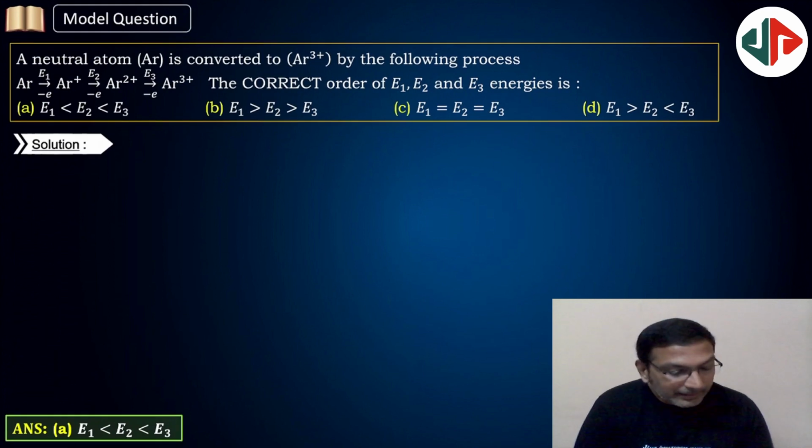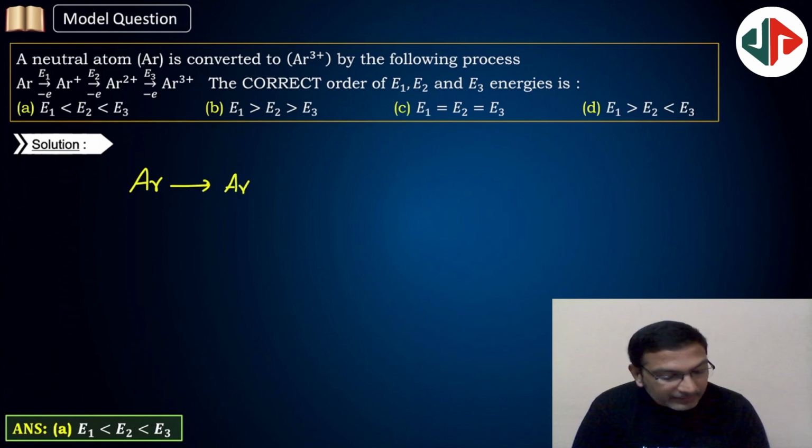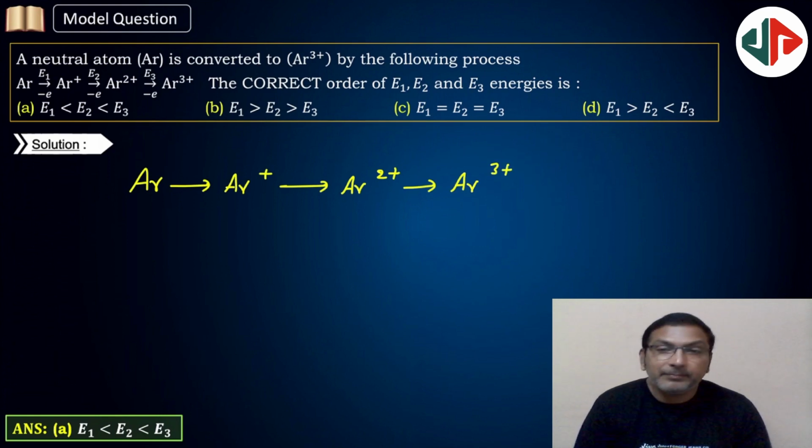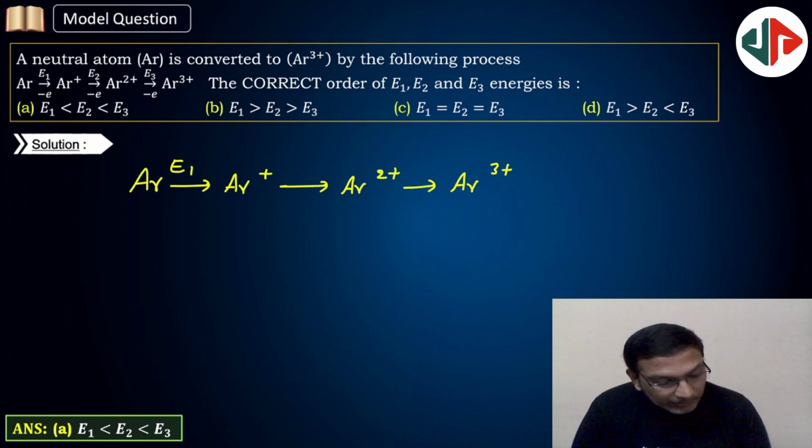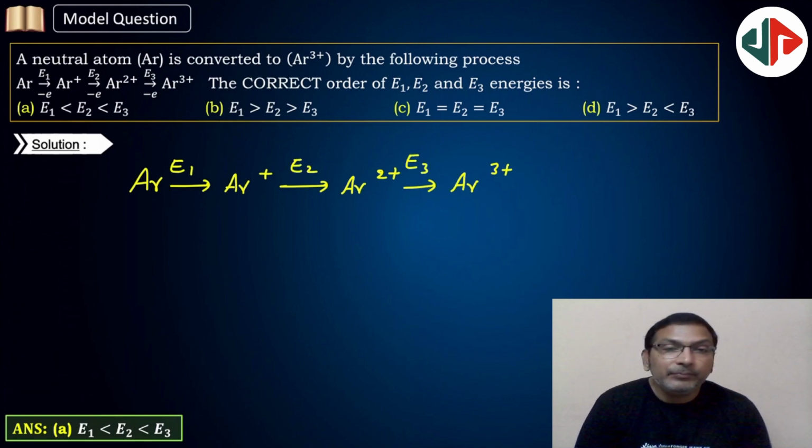Next one here. Argon is first converted to Ar plus, next Ar2 plus and Ar3 plus. Here it is given E1, second process E2, third process E3. We know this is removal of electron, so minus e.